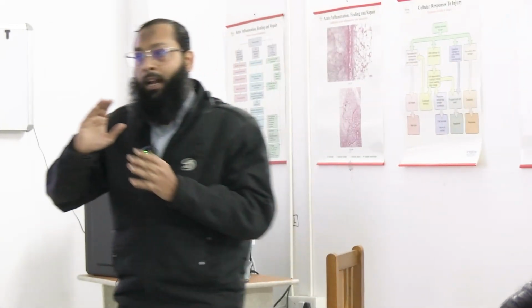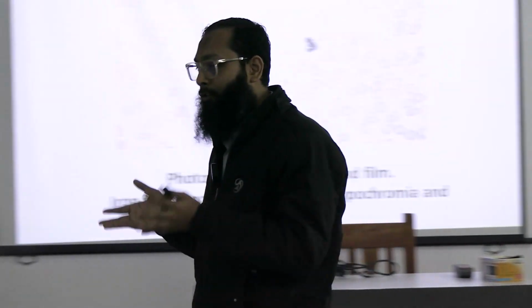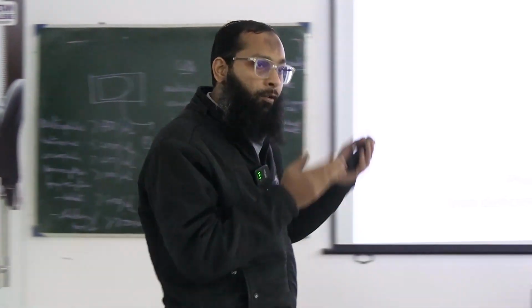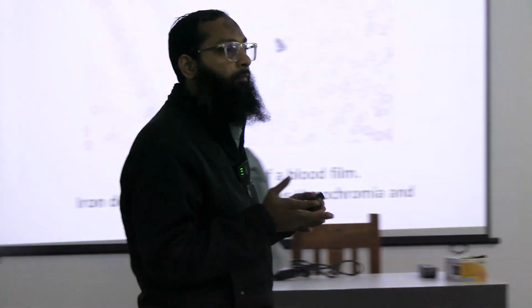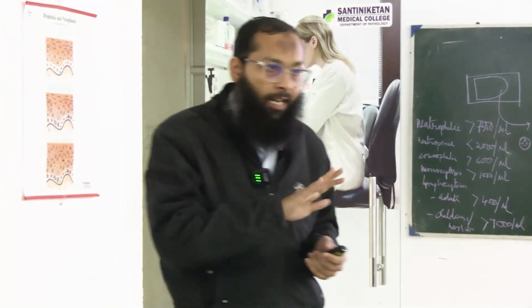If the RBCs are larger than that, what will you call it? Macrocytic. If it is smaller than that, microcytic. And if it is equal to it, then normocytic. Okay. So, the one term has been cleared now. Microcytic has been cleared. You will be able to identify that.